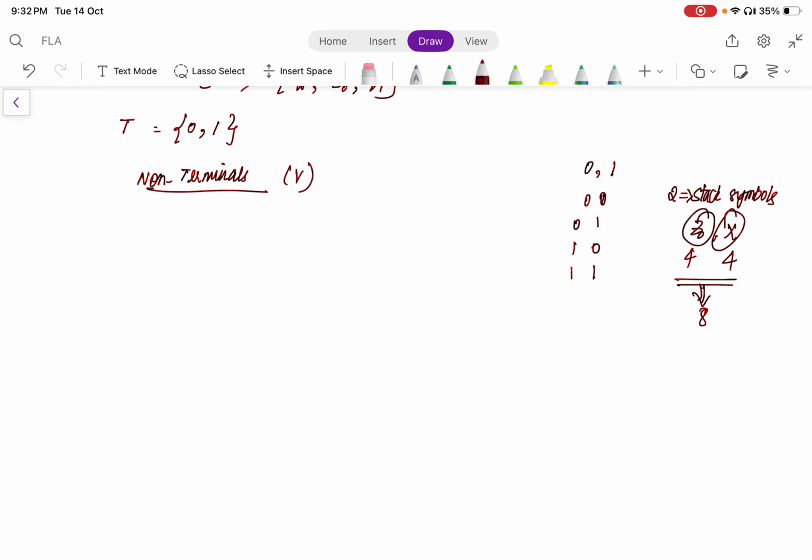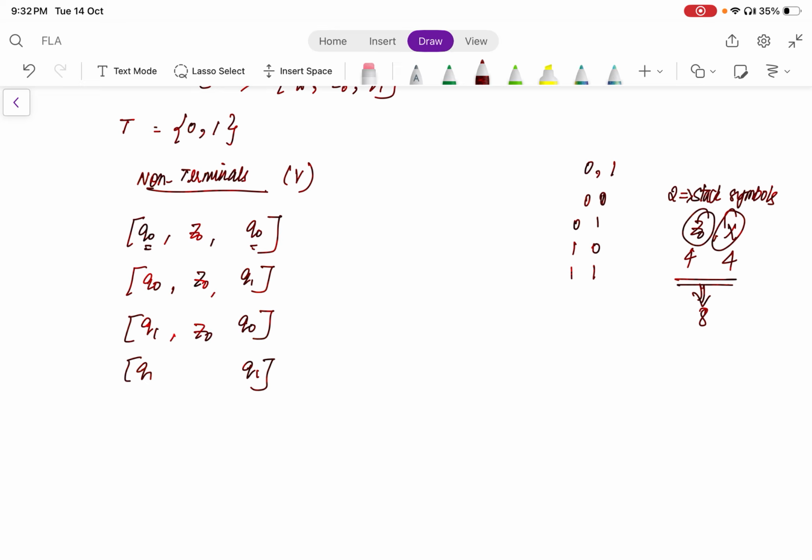The first and last symbols are the combination 0 0, then 0 1, then 1 0, then 1 1, and the middle element is the stack symbol.